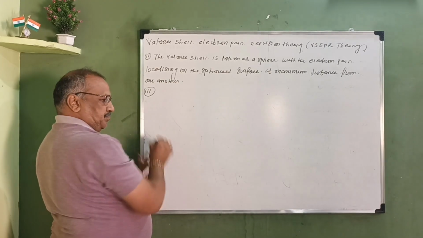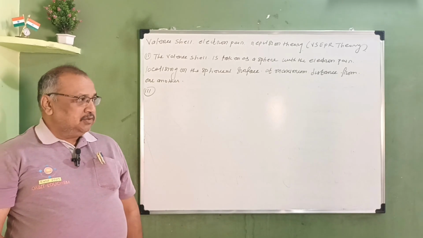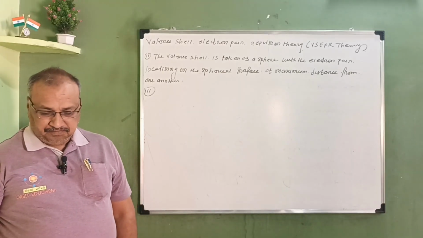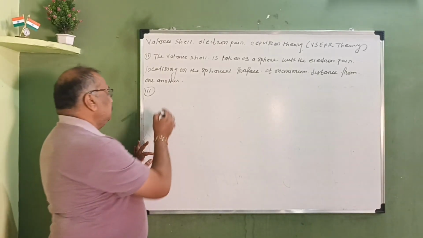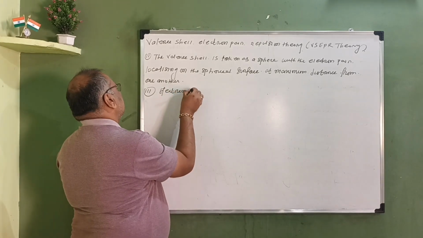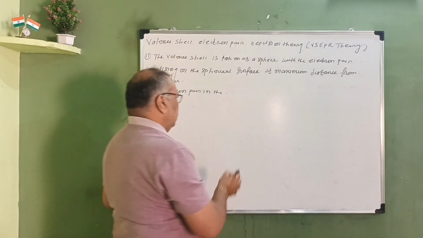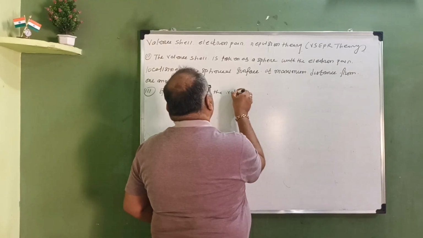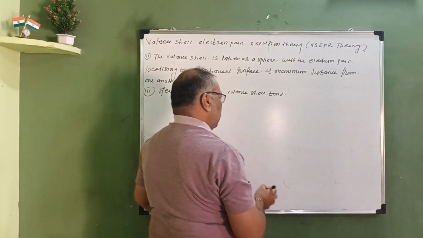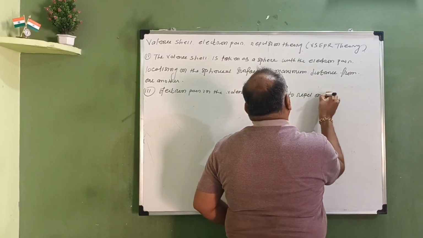Third, the electron pairs in the valence shell tend to repel one another.